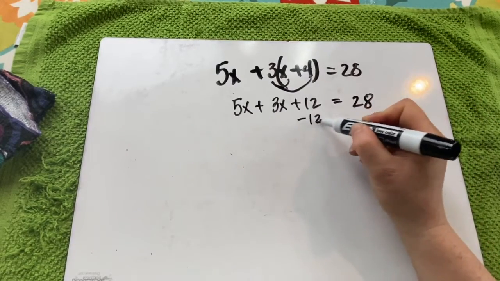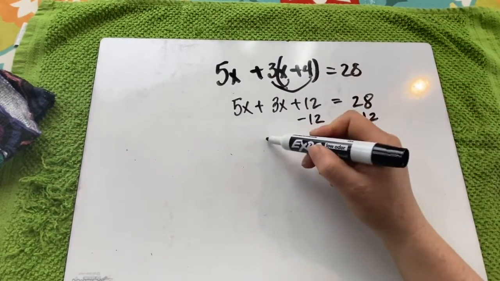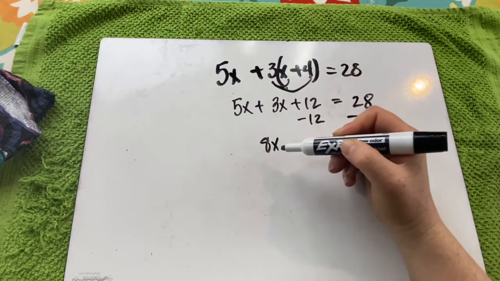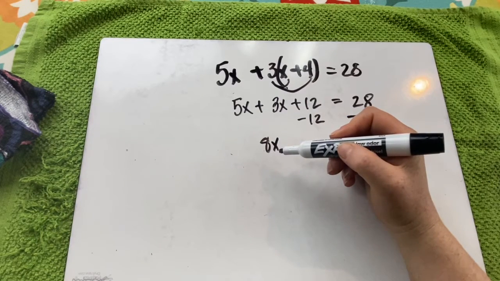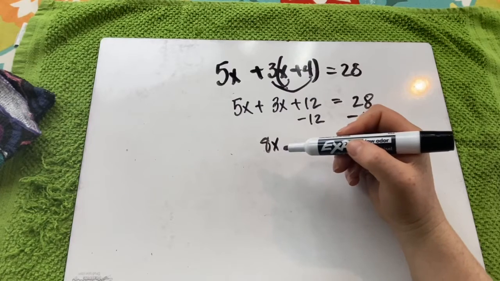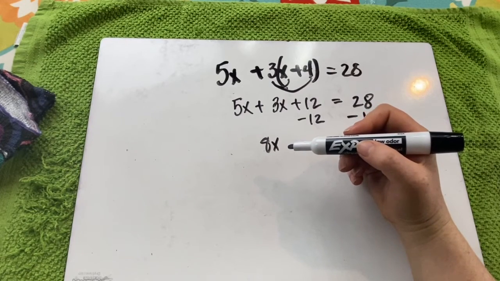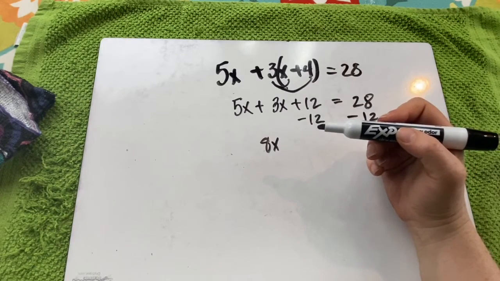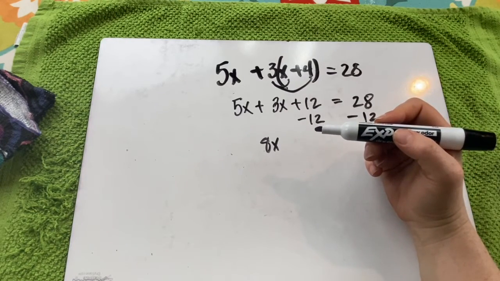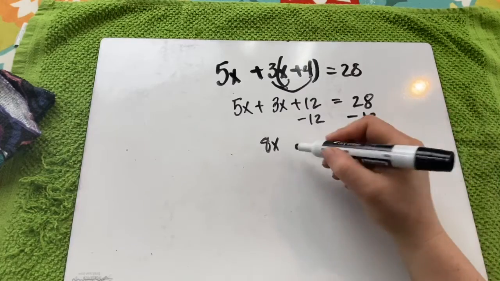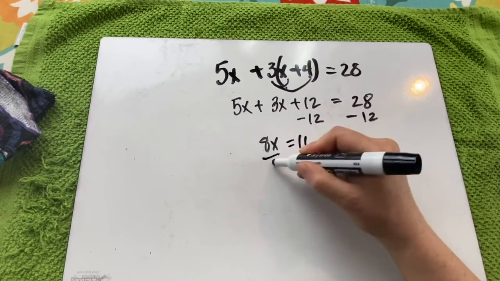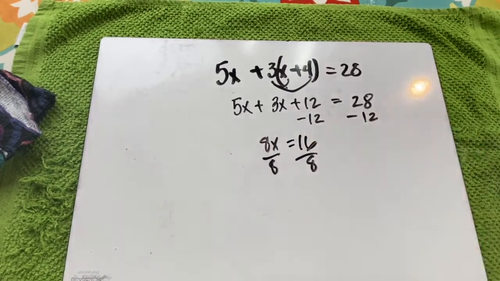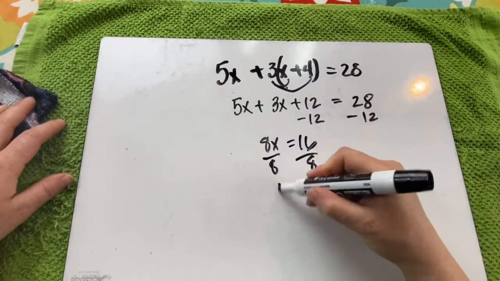So minus 12, which I feel like we did this one already. Yeah, we did this one already. 8x equals 16. Divide by 8. Okay? X equals 2.